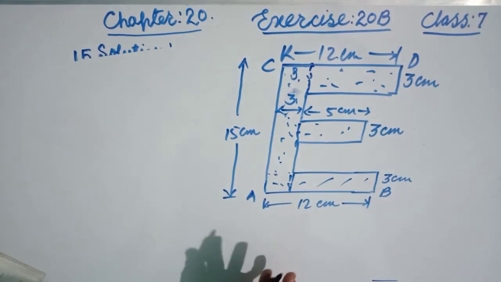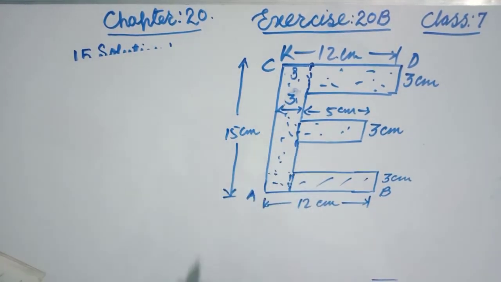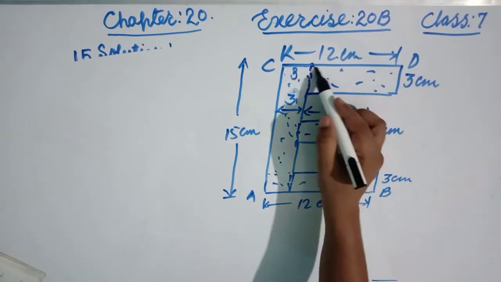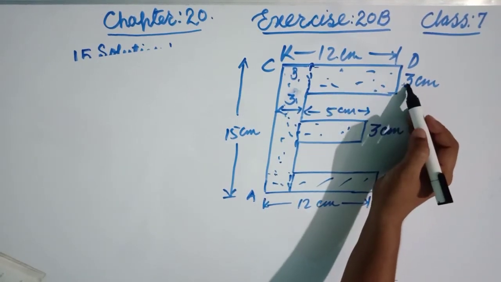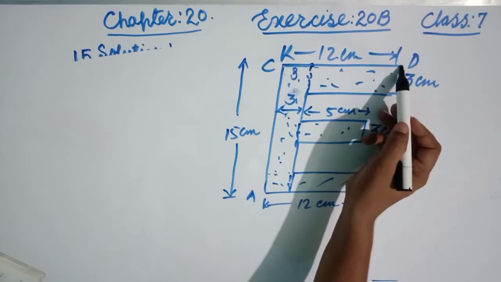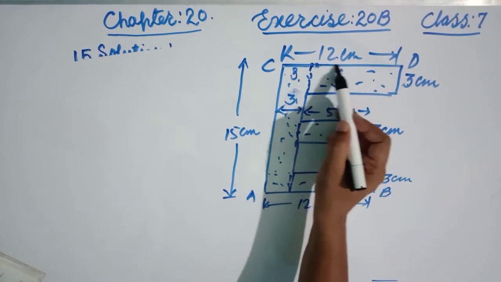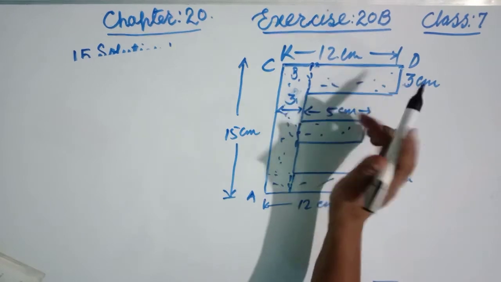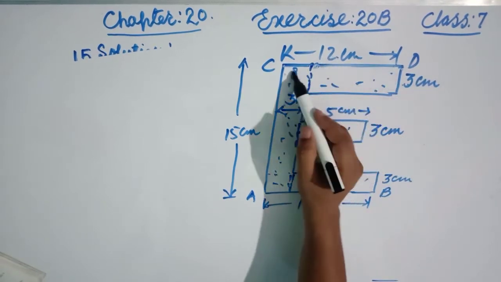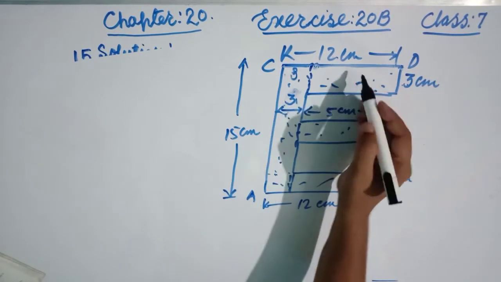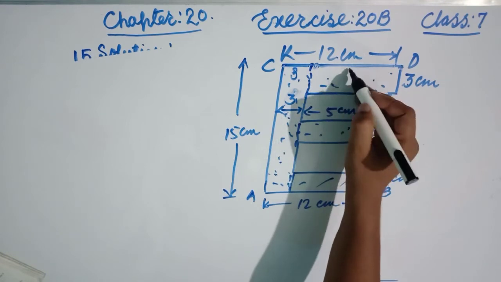We can easily find out the area of this, length into breadth. Now see the other one, friends, here the breadth in this portion is given 3, but look at the total length CD is 12 centimeter, and we have to find the length of here. Now the length of this is equal to 12 minus 3, because it is 3, 12 minus 3 is 9, this becomes 9 centimeter.